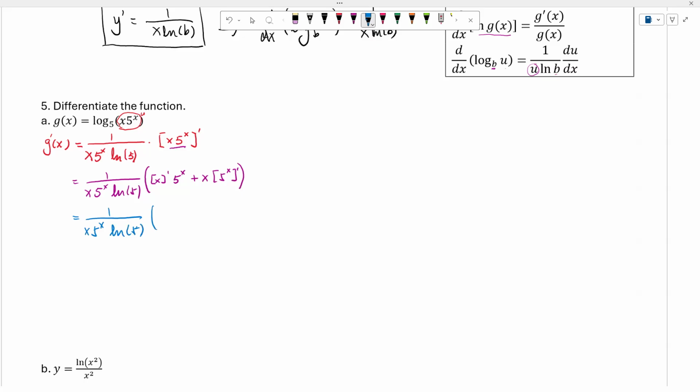The derivative of x is 1, so I have 5 to the x left. And for this one, I will have x times 5 to the x times natural log of 5. Again, remember that the derivative of a to the x is a to the x natural log of a.